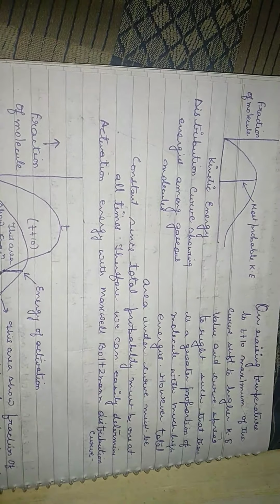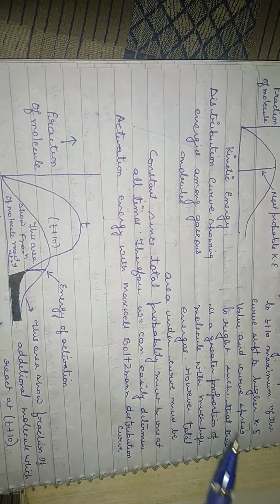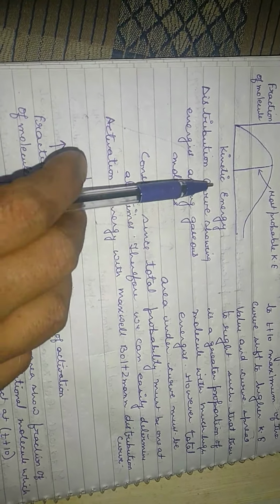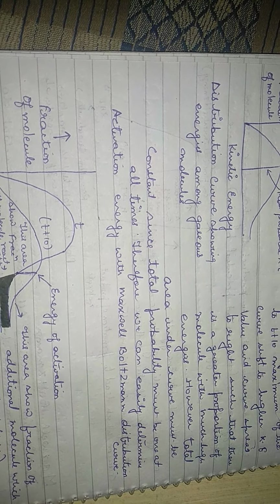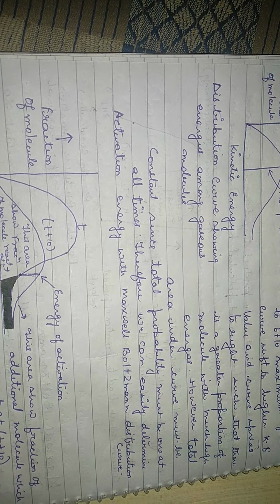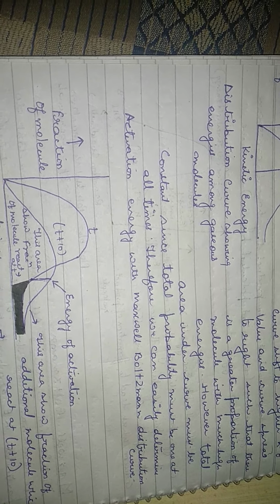Now let's see the theoretical part. On raising the temperature to T plus 10, the maximum of the curve shifts to higher kinetic energy. So there is a shift over here towards the higher kinetic energy, and the curve spreads to the right, which shows a greater proportion of molecules with much higher energies.